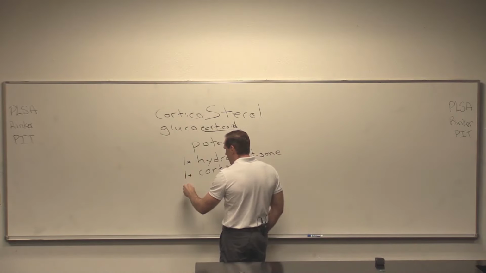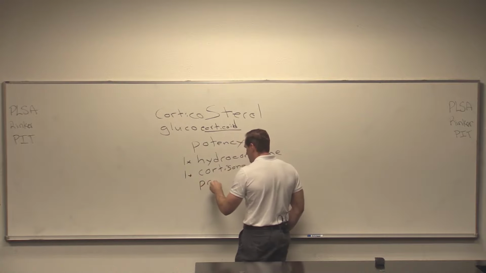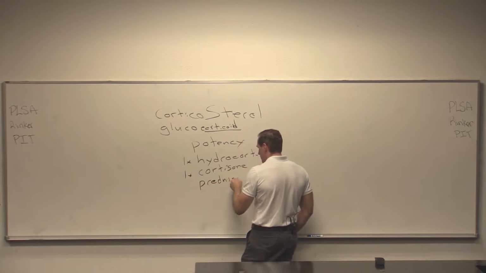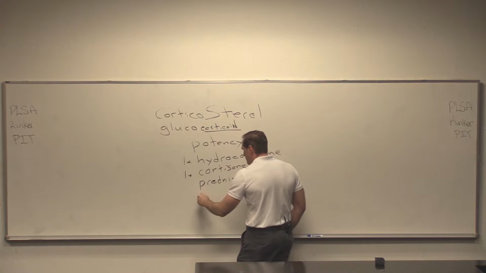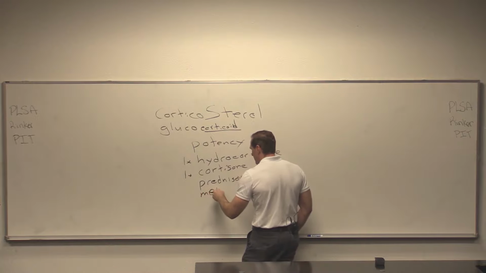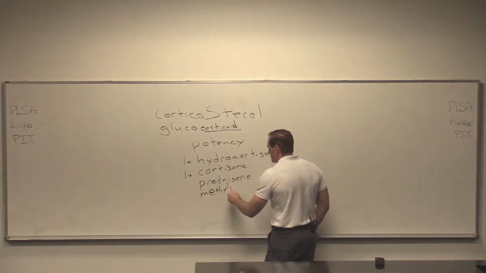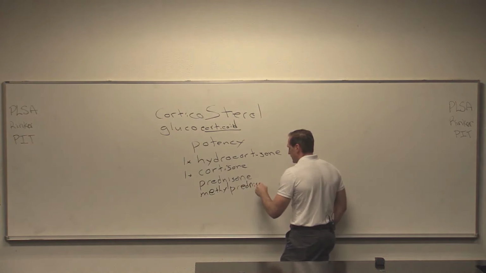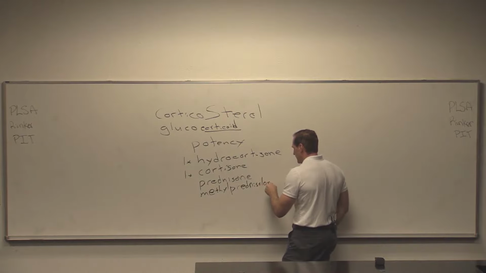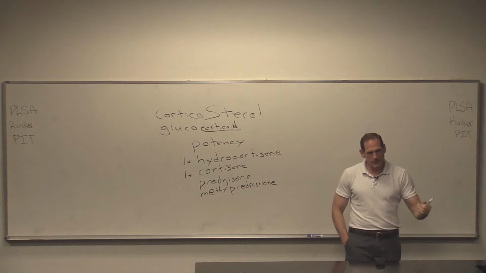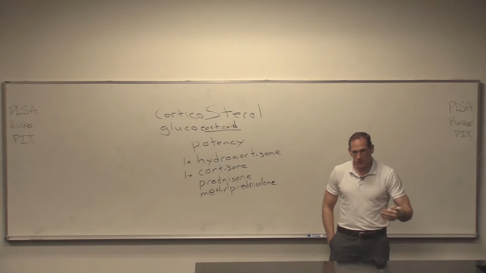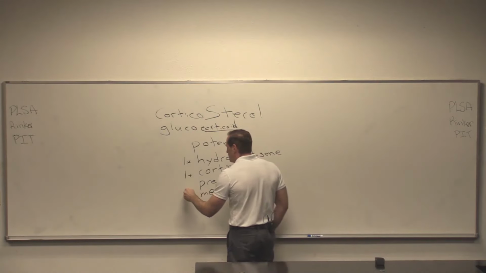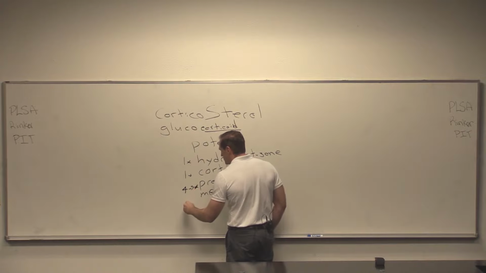Next, we have prednisone and methylprednisolone. Prednisolone. All right, so methylprednisolone and prednisone are both approximately 4 to 5 times as potent as cortisol.